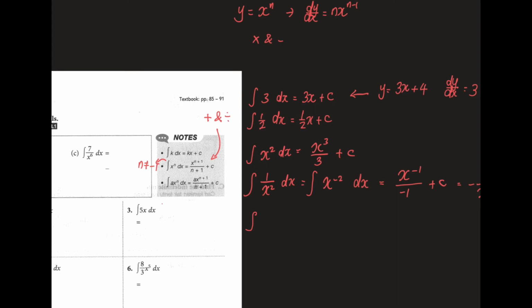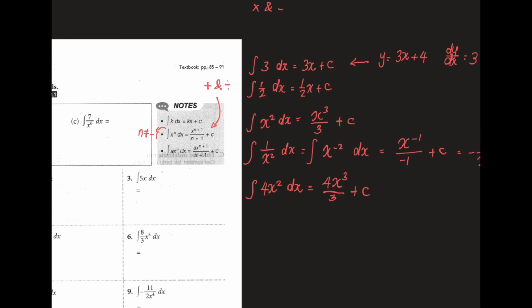If I have 4x squared, integrate. 4x to the power 3. You can see I plus 1 to the power 2, and then I divide by 3, then plus c. So 4x cubed over 3 plus c.